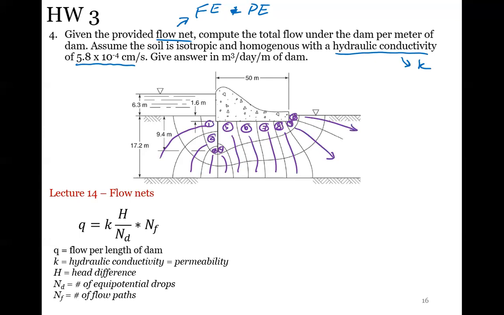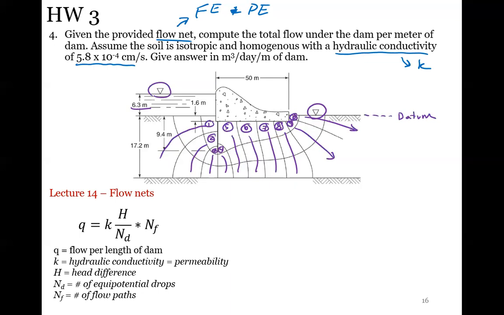What that is saying is that this head right here is dropping equally at each point until we get to here. So at each one of these lines, we have an equal drop in head. If we start at, what is this, 6.3 meters of head, let's just say that this is our datum here.